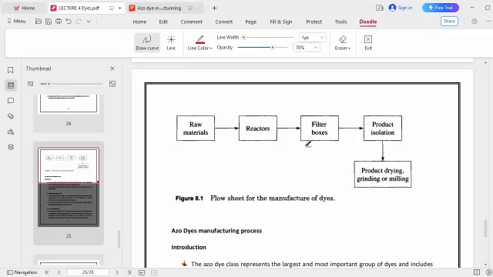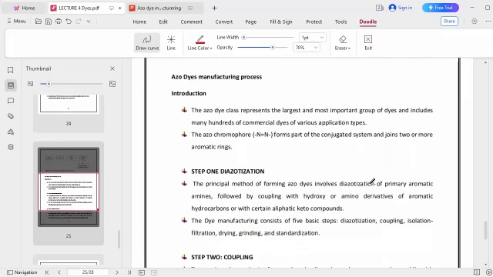Then after that there is filtration to remove unreacted dye and other unwanted substances. Then we isolate the product. Then there is drying, grinding, or milling.